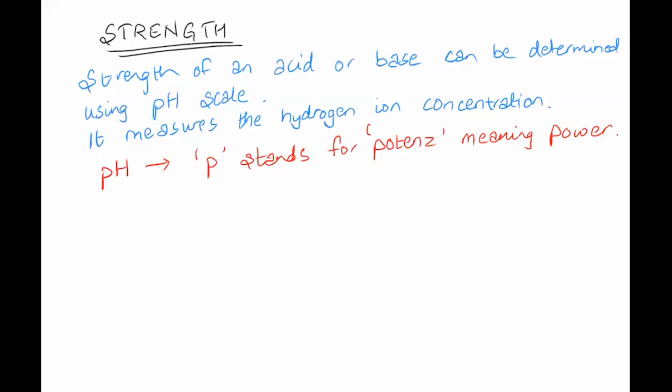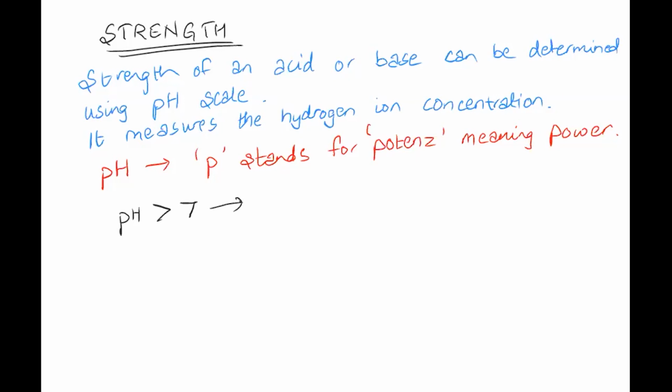Now can someone tell me the different values of pH? Which pH is acidic, which pH is basic? Can anyone tell? Sir, if pH is above 7, it will be acidic. No. If pH is above 7, it will be basic.